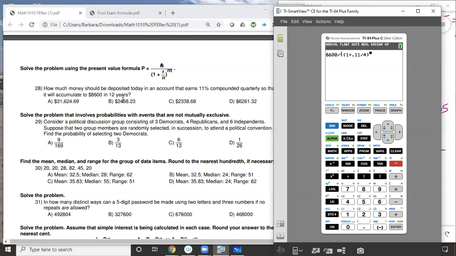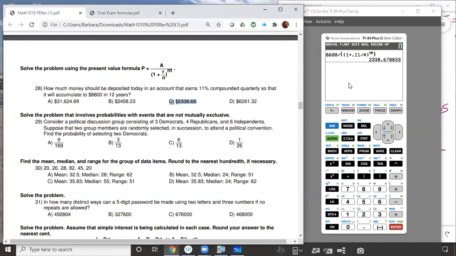So that's 4 times 12, or 48, right? Arrow, parenthesis, calculate, and I get 2338.68. All right. And so the answer is C.